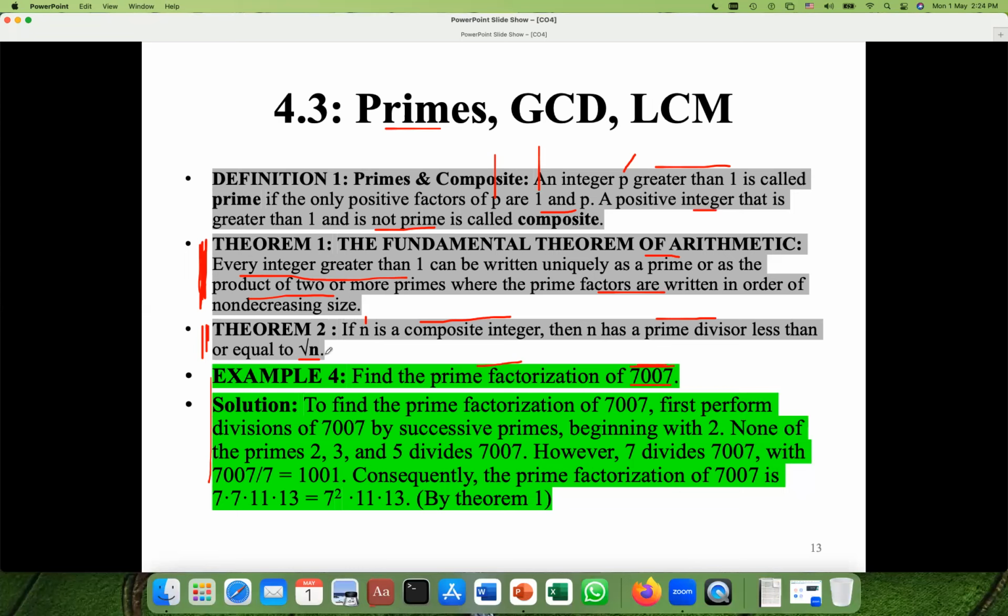The approach to solve this question is very simple, like third and fourth class. You have to start with 2. If it is divisible by 2, then good, take it. Then you have to check the next prime number. If it is divisible, take it. And then you have to check the result. For example, here maybe.